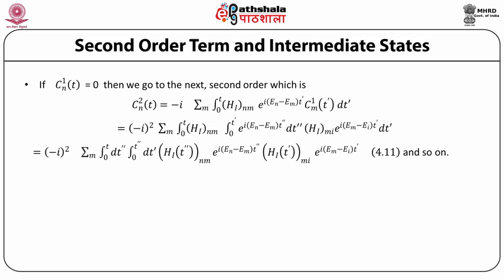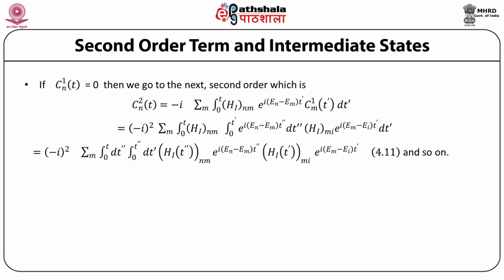If Cn1(t) is equal to 0, then we go to the next, second order, which is Cn2 is equal to minus i into summation over m, integral from 0 to t of the matrix element Hi between n and m, exponential i (En minus Em) t prime into Cm1(t prime) dt prime, which is equal to minus i squared into summation over m integral from 0 to t of Hi matrix element nm, into integral from 0 to t prime exponential i (Em minus Ei) t double prime dt double prime into Hi between m and i, and exponential i (En minus Em) t prime dt prime.